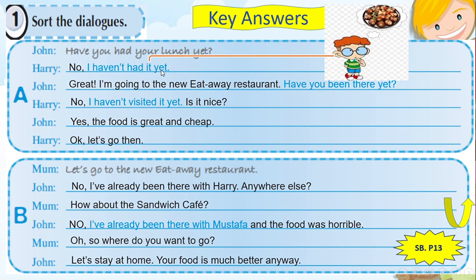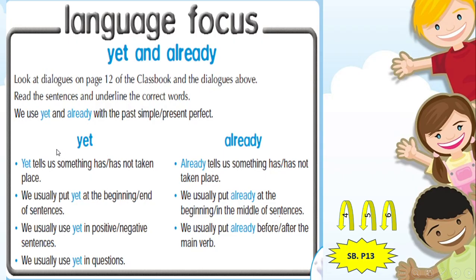So the action hasn't taken place, students. Let us come back here. So what do you think the correct completion is, students? Yet tells us something has or hasn't taken place. Excellent. Yet tells us something hasn't taken place. Very good.